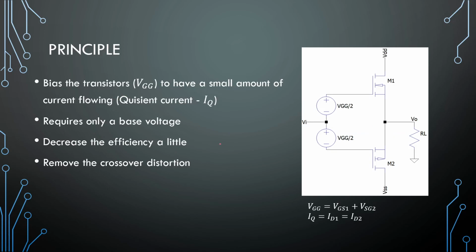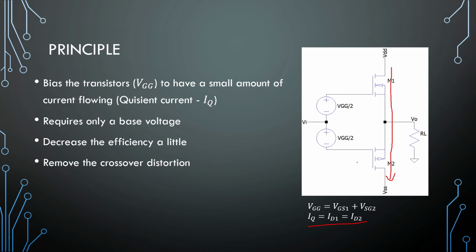Right, for class AB for our MOSFETs, we need to give a bias, let's call it VGG, over 2, just like we did for the BJTs. Okay, so the quiescent current here is the same as our drain currents. So ID1 is ID2 is our quiescent.